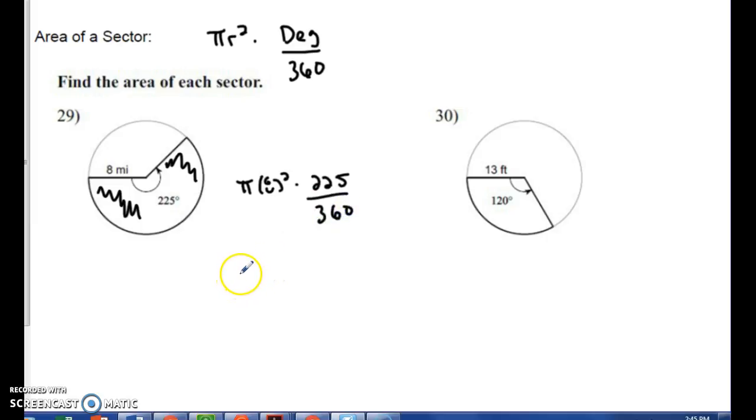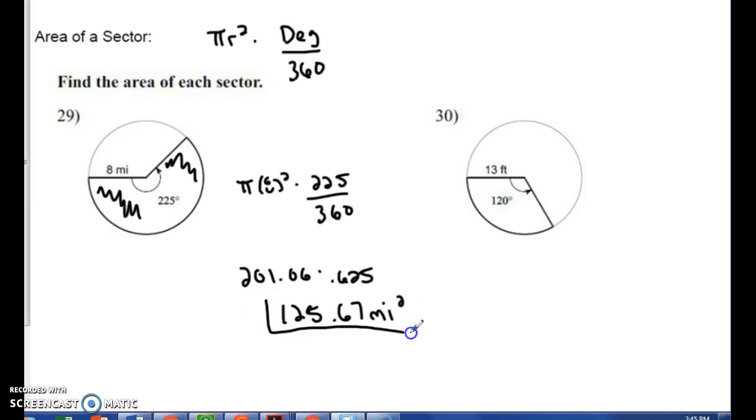So I'm taking 64 pi, which is 201.06, and multiplying it by 225 over 360, which is 0.625. So when I take 201.06 times 0.625, I get it to be 125.67 miles squared. That's how big of a piece of pie I have.